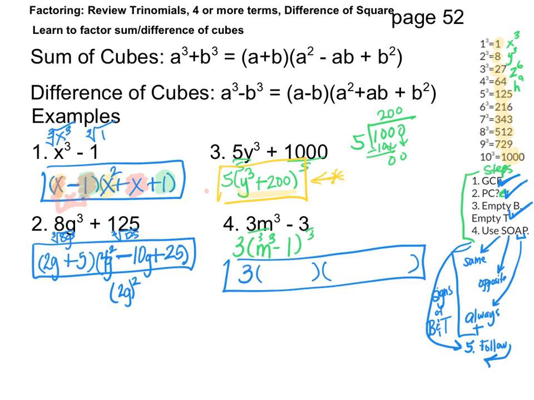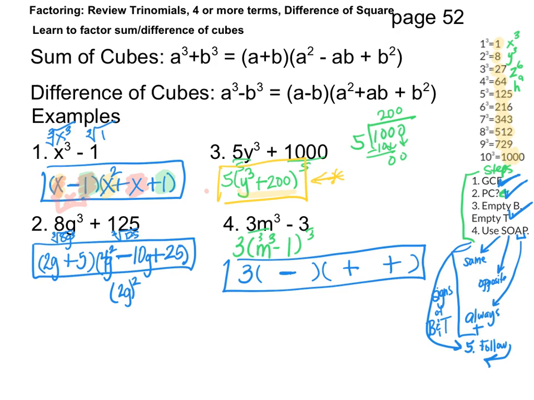Now we're going to use SOAP. Remember, this sign and this sign are the same. This sign and this sign are opposites. So this is a plus. And this sign is always a plus.